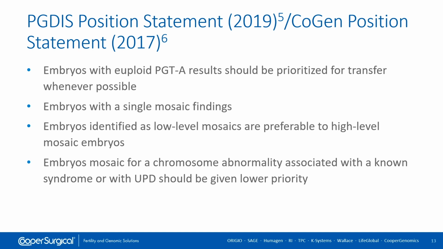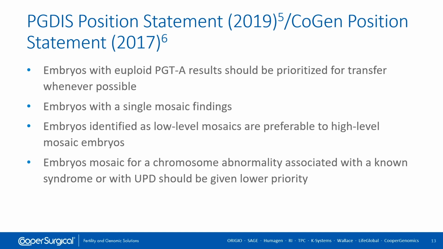Beginning with what these guidelines share in common, both societies recommend the transfer of embryos with euploid PGTA results whenever possible over the transfer of an embryo with a mosaic PGTA result. If an embryo with a mosaic PGTA result is being considered for transfer, both societies recommend embryos that have a single mosaic finding.